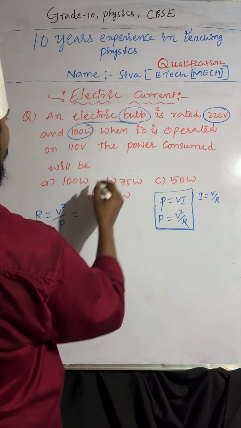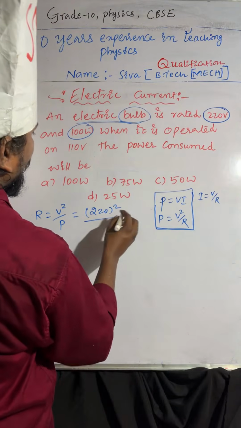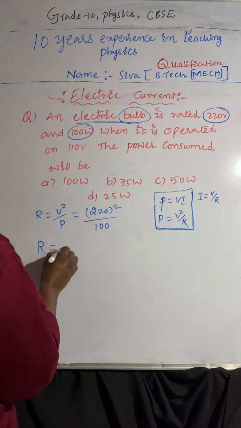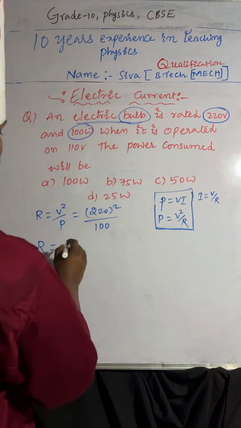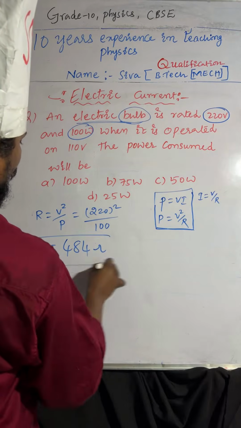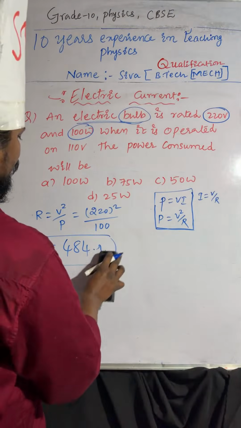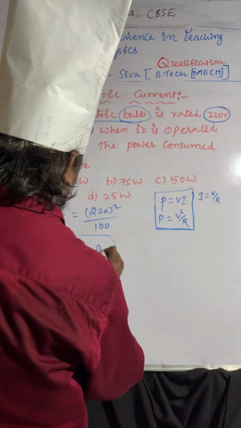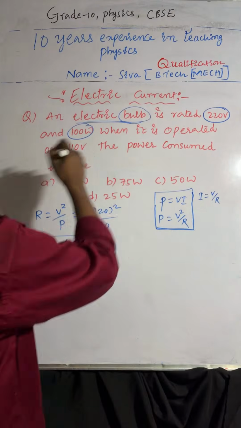That is nothing but 220 squared by P equal to how much? 100. Then R equal to, so what is the answer? 484 ohm. Right? So now you can check. So 484 ohm. Now the same bulb is operated at 110.